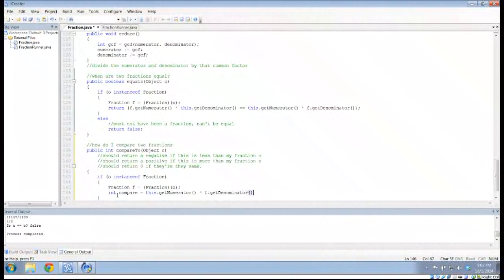I'm still doing the cross multiplying idea. The idea is that if I have a common denominator, the difference in the numerator should be the difference that I'm returning. Minus this.getDenominator times f.getNumerator.